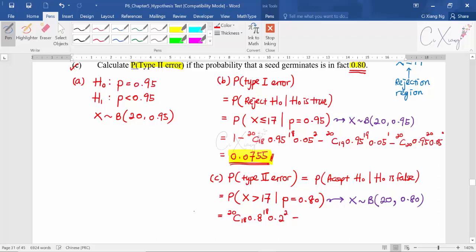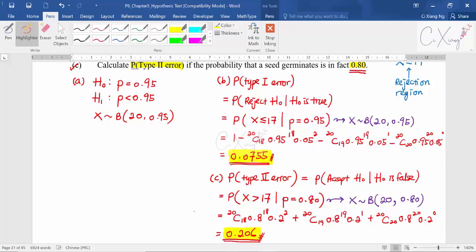Then you continue further until 20, so 20C19, then 20C20. Then just press the calculator and the final answer that you get should be 0.206. This is what we have.